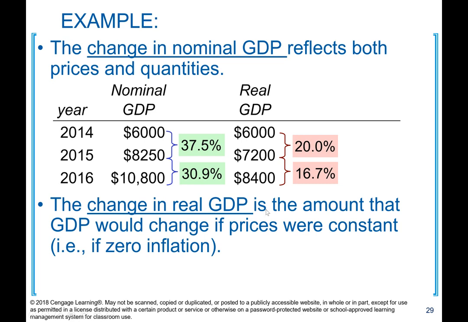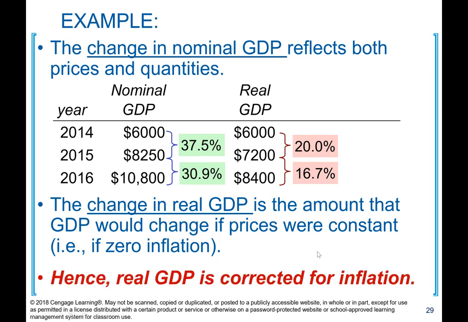The change in real GDP is the amount that GDP would change if prices were held constant. So there is zero inflation. In other words, it is controlled for inflation. Hence, real GDP is corrected for inflation.